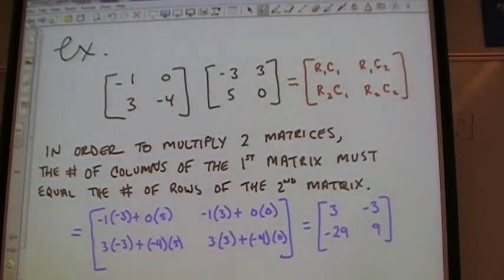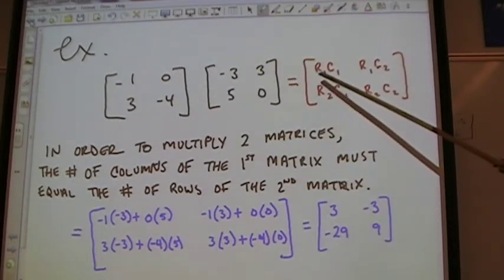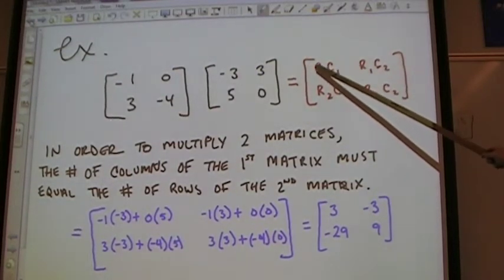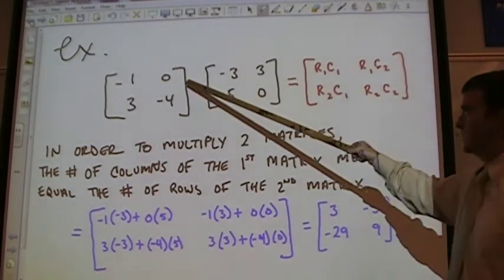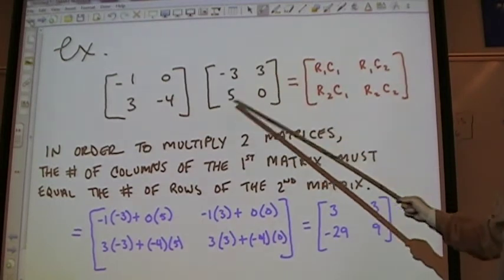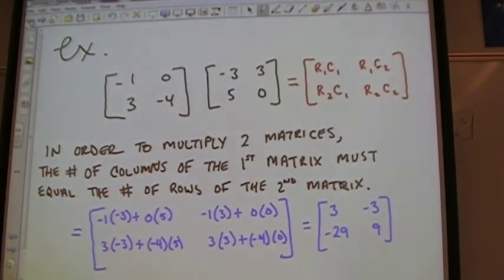And then we know these can be multiplied, a 2 by 2 and a 2 by 2. Now, for your resulting entries, see if you follow this pattern. R and C stand for row and column. To get the first entry, I'm going to use the row of the first and the column of the second.